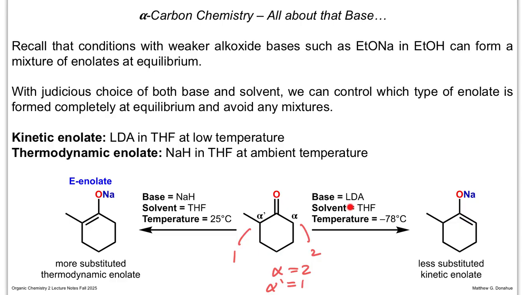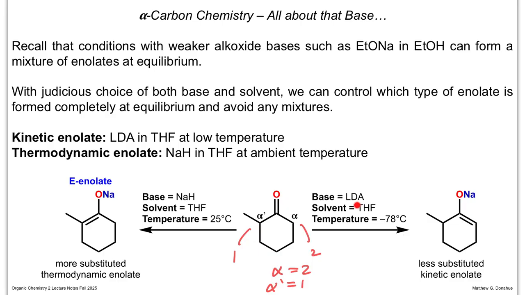Since LDA is soluble in our organic solvent THF, pretty strong base again. Notice the temperature change. It's now -78, so there's a cryogen that cools it. LDA goes after the alpha carbon with more hydrogens and therefore generates the less substituted enolate. So that's the kinetic one.